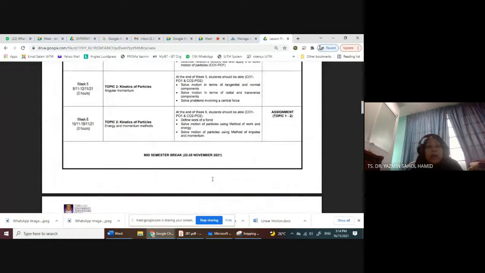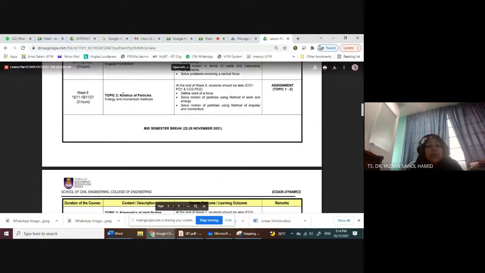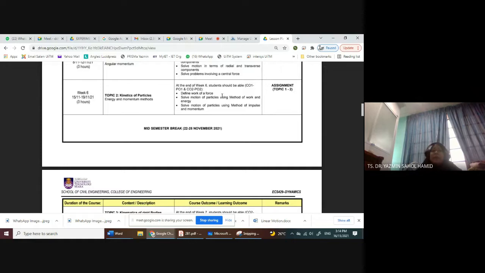So now we are in week 6. We're going to do kinetics of particles. However, what we're going to do today is focus on work and energy. So what is the learning outcome for today's class? We want to be able to define the work of a force. You should be able to solve motion of a particle using the method of work and energy, and to solve motion of particles using the method of impulse and momentum.